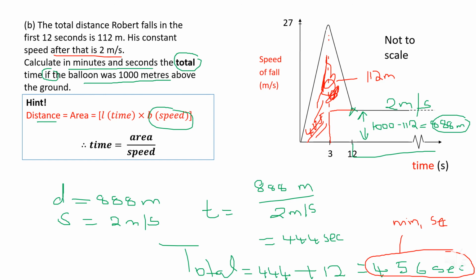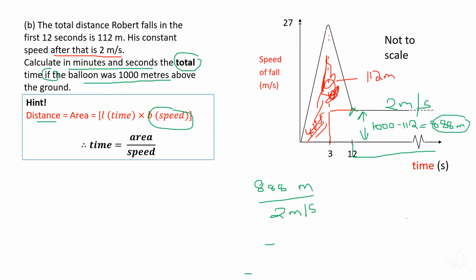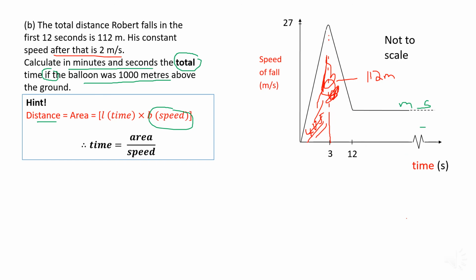All right, so I'm going to bring up the solutions as I have done them step by step so that you can get an idea. You already have an overview of how to deal with this question. Remember, we're looking for the total time, not the time after the 12 seconds, which means we have to consider the 12 seconds as well.